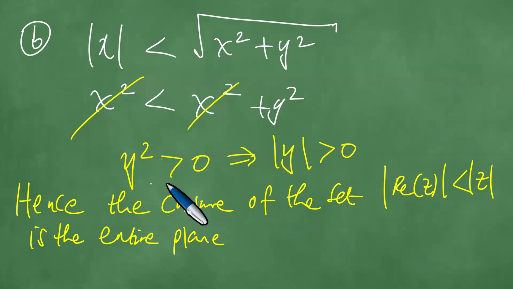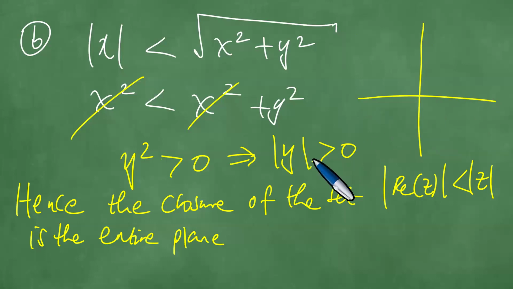Obviously we can see that this describes the modulus of y bigger than 0. Y squared is greater than 0, the square of a real number is greater than 0, so the modulus of y is bigger than 0. That means this set does not include y equal to 0, but the closure will include all that.